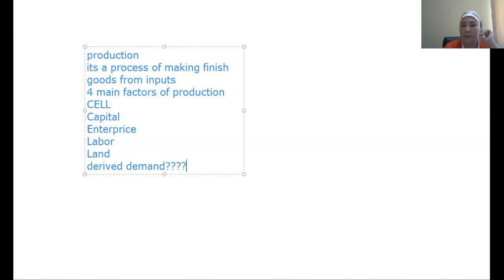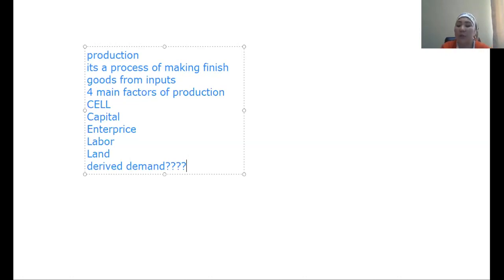For example, let's take our favorite ice cream. In order to produce ice cream, we need milk, we need a worker, and what else? We need a machine that makes ice cream from milk. So the worker, milk, and these machines are factors of production.